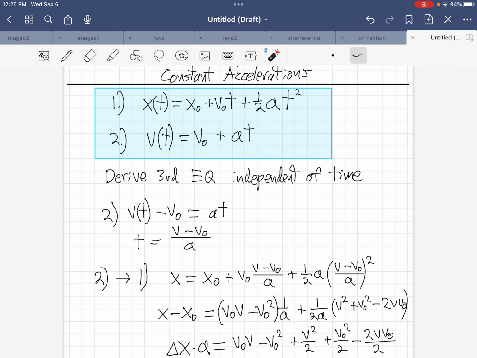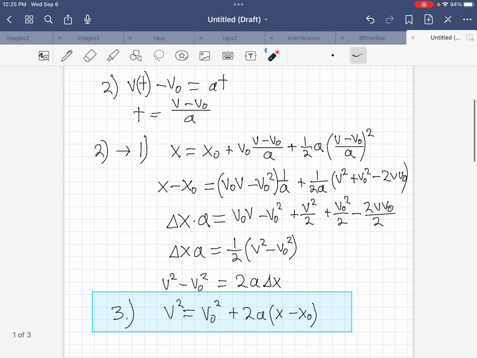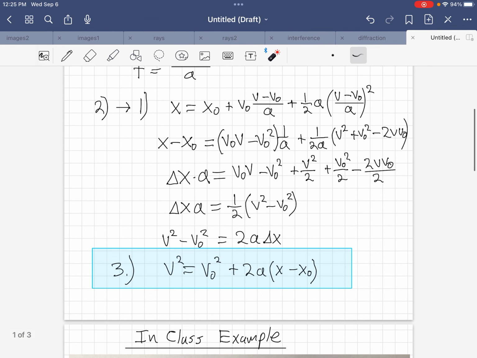All right, how about this one? Well, we do know the velocity that he's flying past the window at, but we still don't know the initial velocity, and we still don't know the time. So this equation still has 2 unknowns. Let's take a look at our third one. We know the velocity he's flying past the window at, but we don't know the initial velocity. But this third kinematic equation doesn't have time.